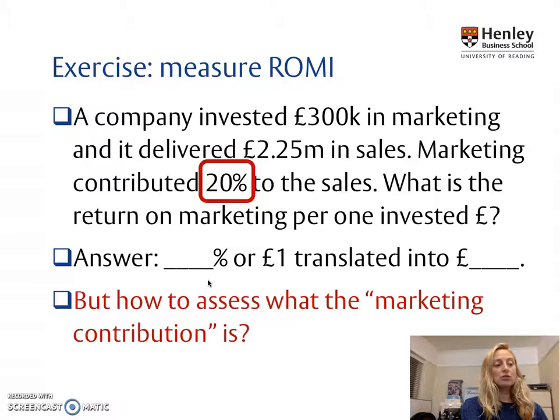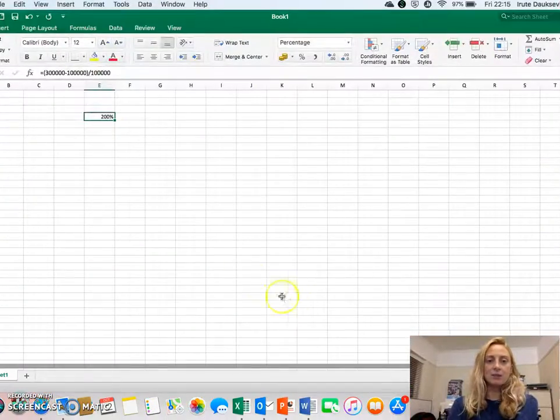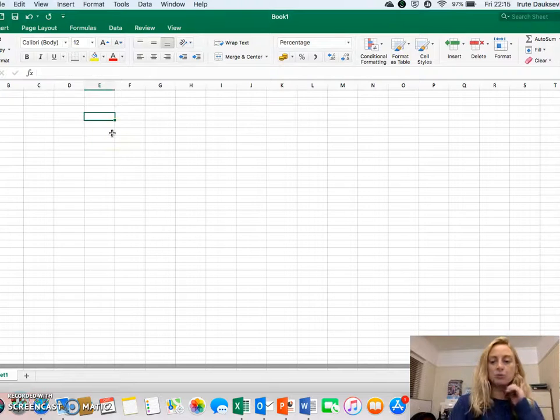Again, if you go back to the formula, ROMI formula simplified, you will remember that first of all, we start with incremental value produced by a campaign. So in this particular case, if we take an Excel spreadsheet again, what would we do?